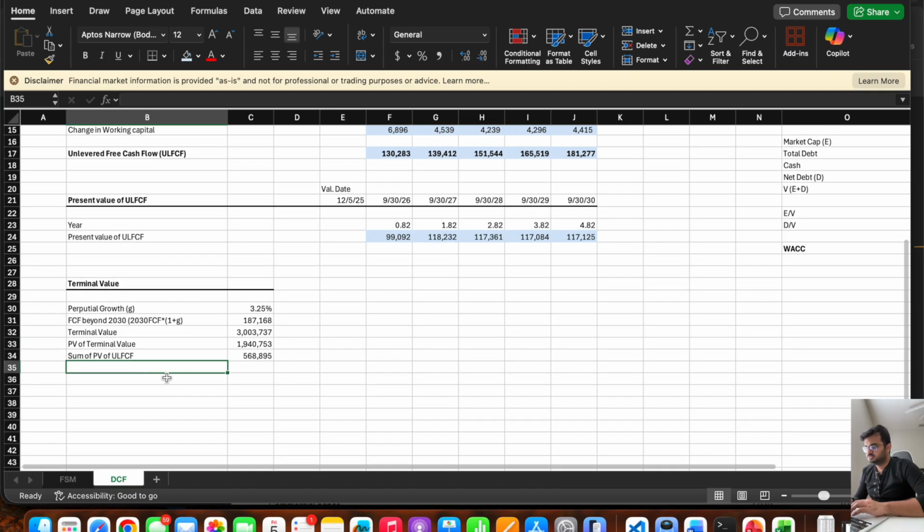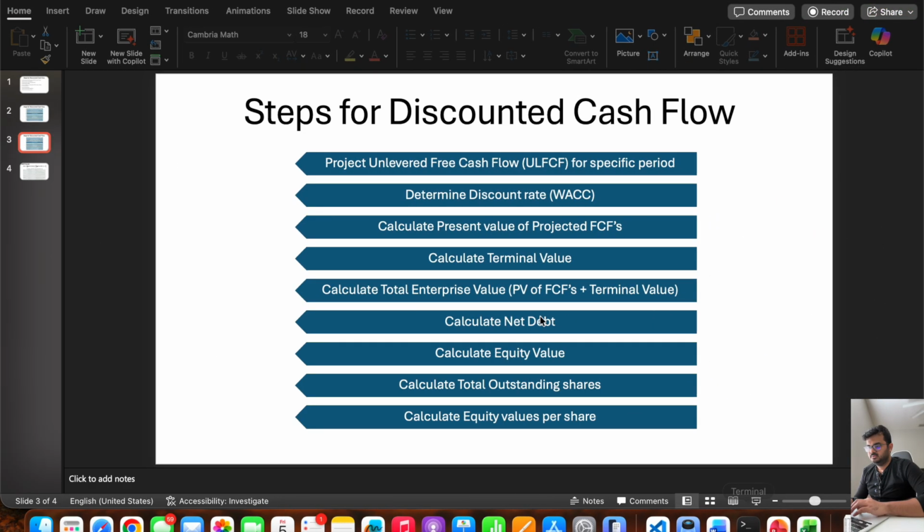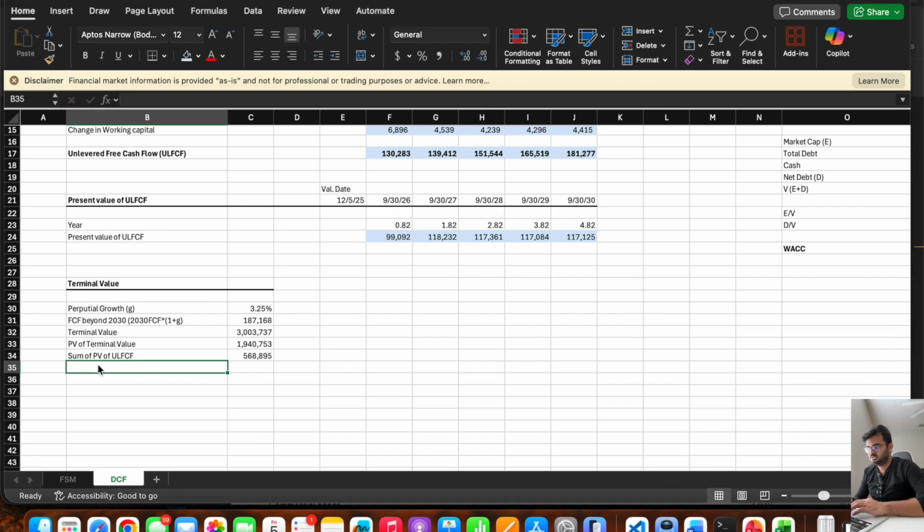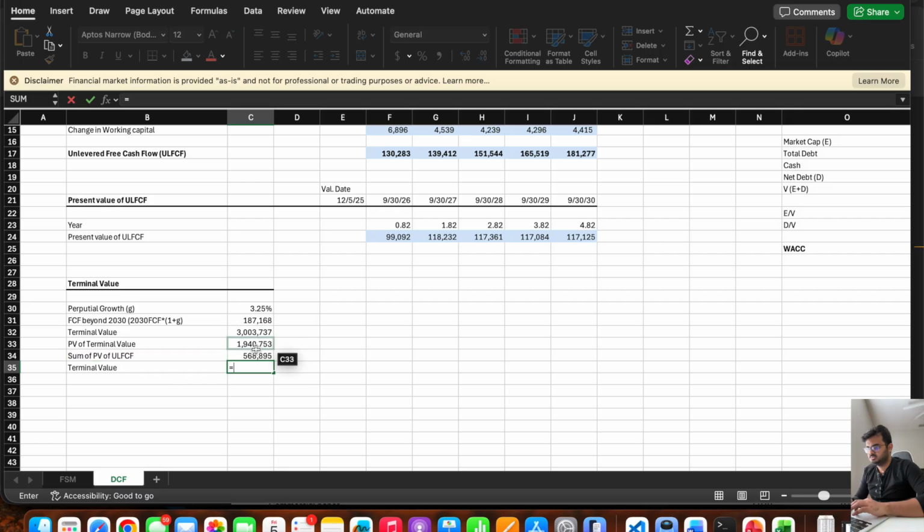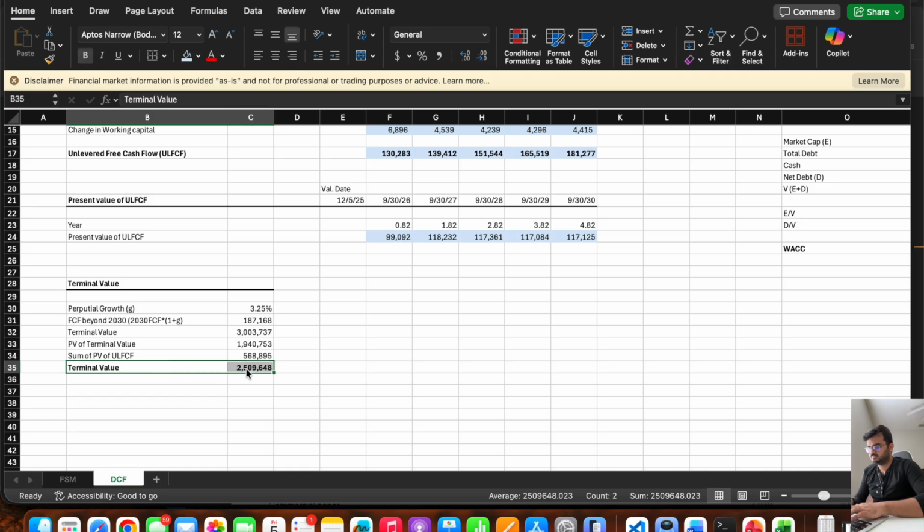Perfect. So by end of the day, what I need is the terminal value. The terminal value is nothing but the summation of these two numbers, that is the sum of the present value of all the free cash flow plus the present value of terminal value.